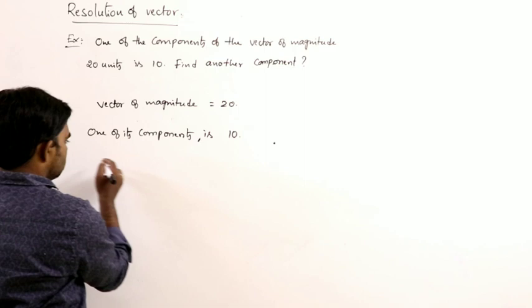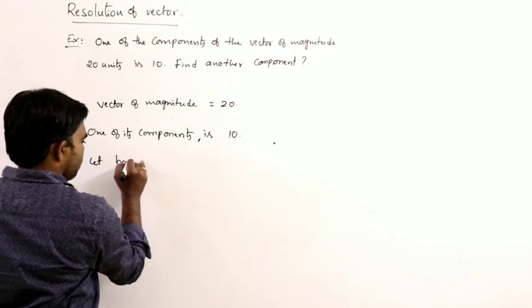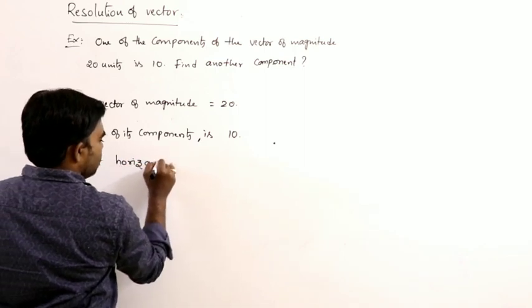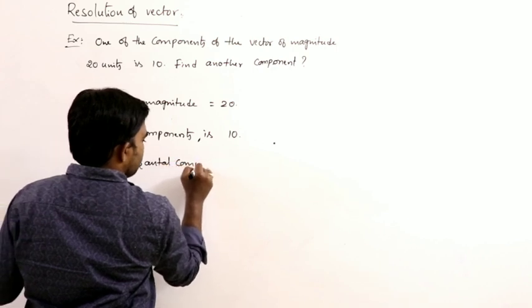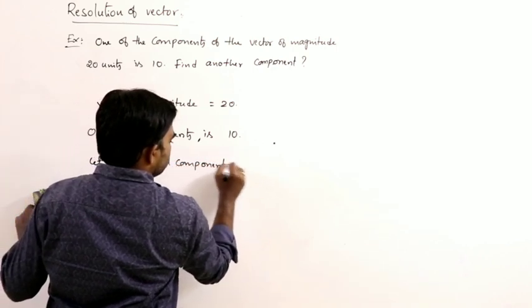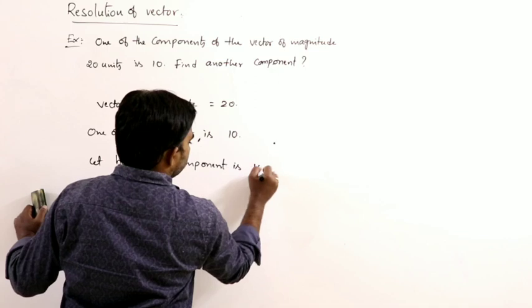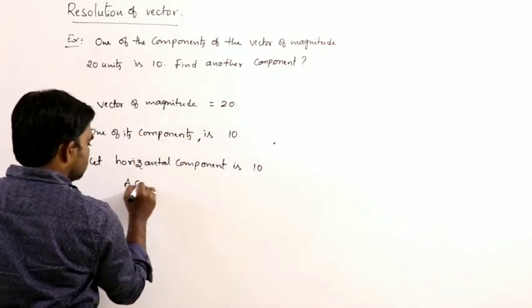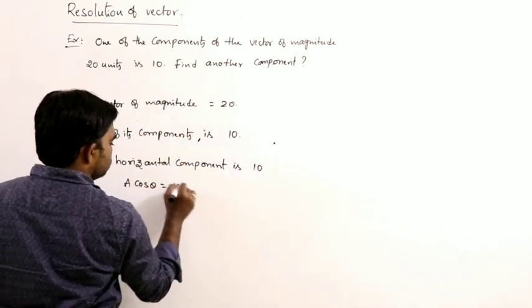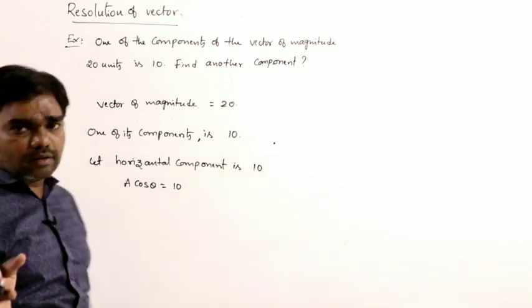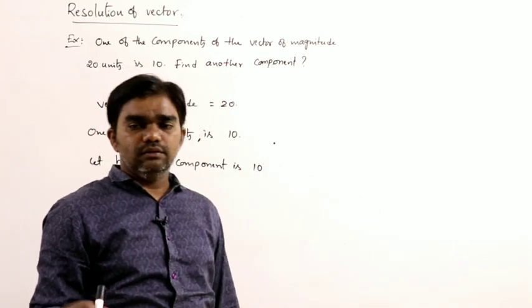So for example, let the horizontal component be 10. Horizontal component generally means a cos theta equals 10, where the vector makes an angle theta with the horizontal.